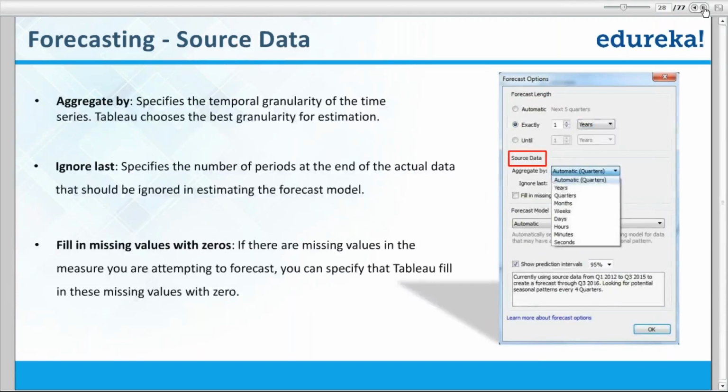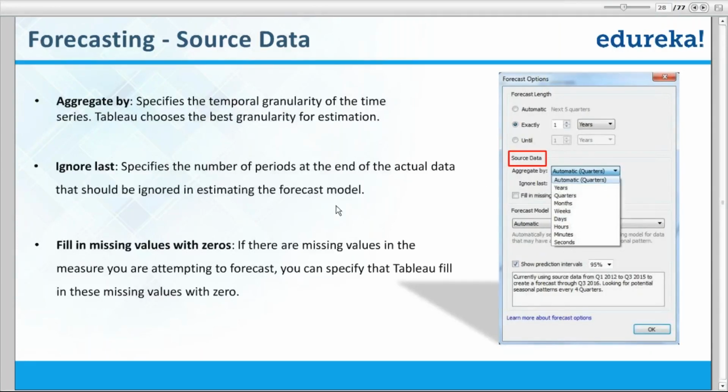You can just choose that. And there is something called aggregate by. So aggregate by for us was for quarters. So specify the granularity. So nothing but it chooses the best granularity estimate. So Tableau by default chooses it. So automatic quarters would be the default estimate for Tableau. So it is choosing it by default.